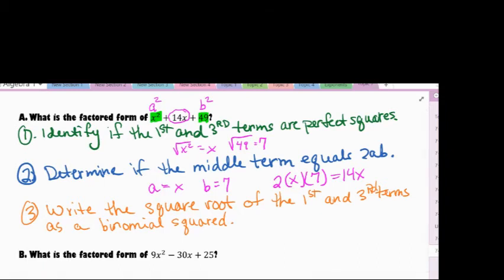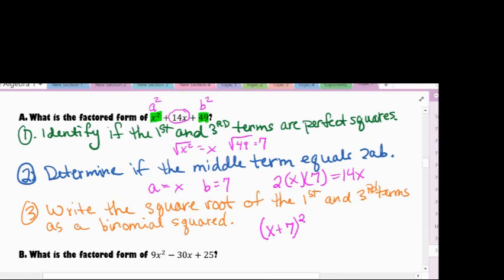So that means that we're going to take the square root of the first term, which is x, and the square root of the last term, which is 7, and we're going to write that as a binomial squared.